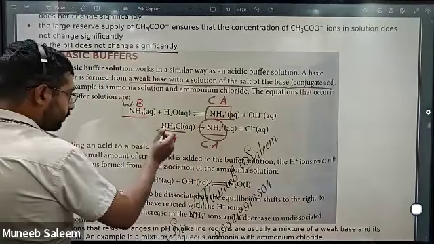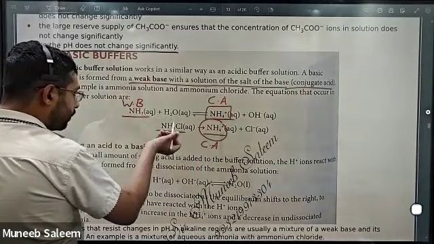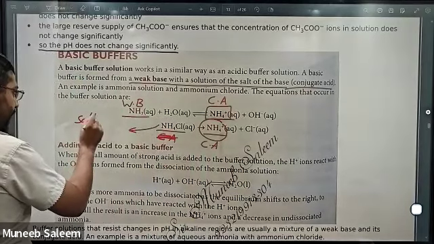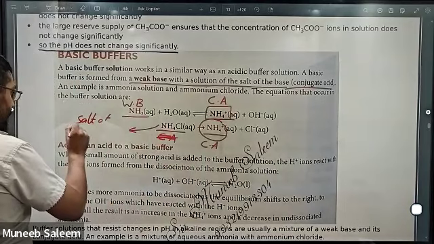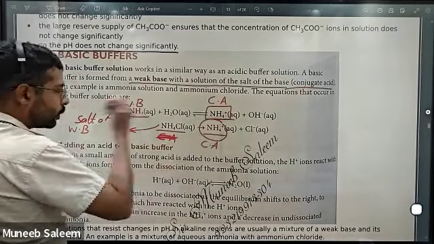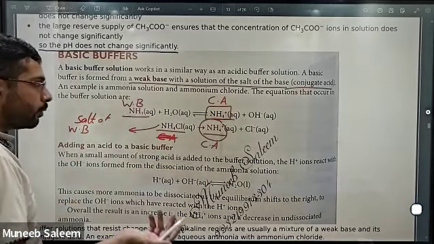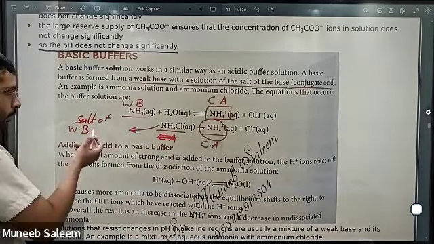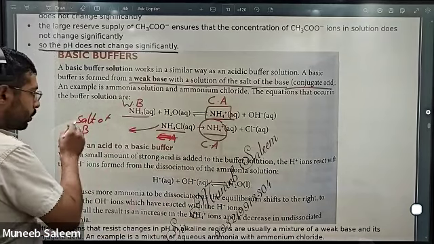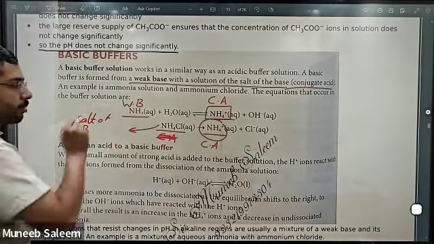And you could write this one as a salt of the weak base. This is salt of weak base which produces a conjugate acid. So you have both ways to write it. Either you will write the salt of the weak base with the weak base, or you could write conjugate acid of the weak base.